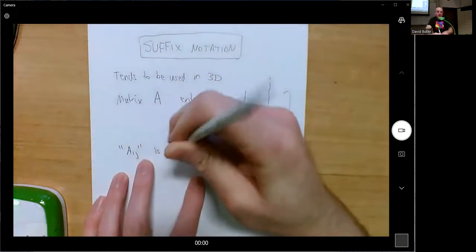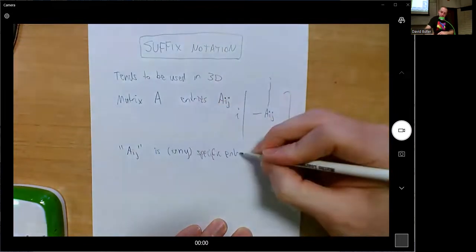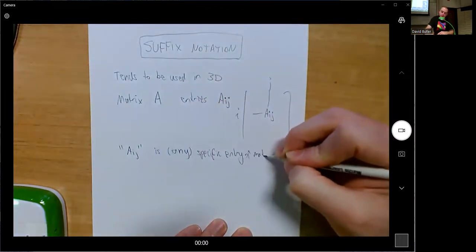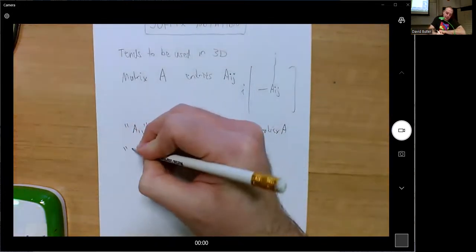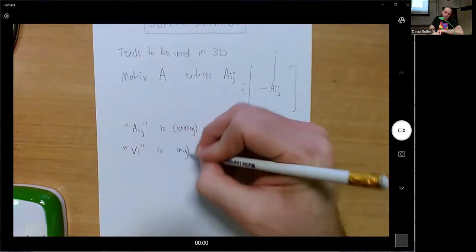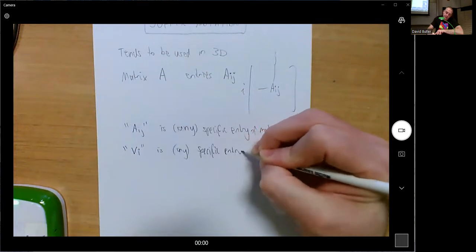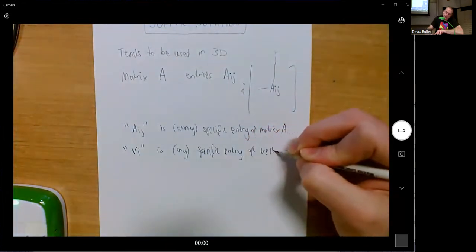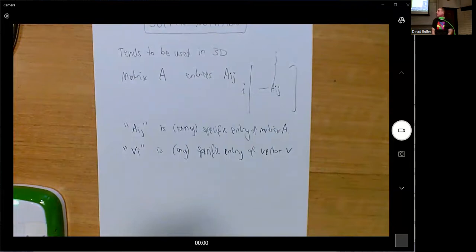Maybe not every, but any. And when I write this, like v_i, that is the i-th entry of vector v. Cool. That's just the beginning of that.